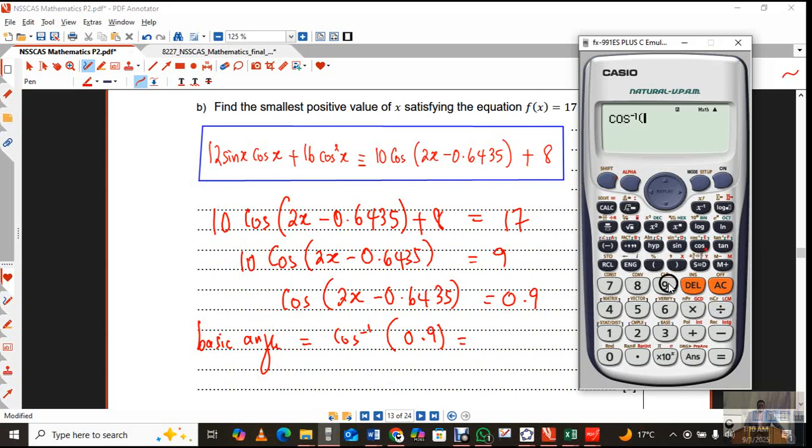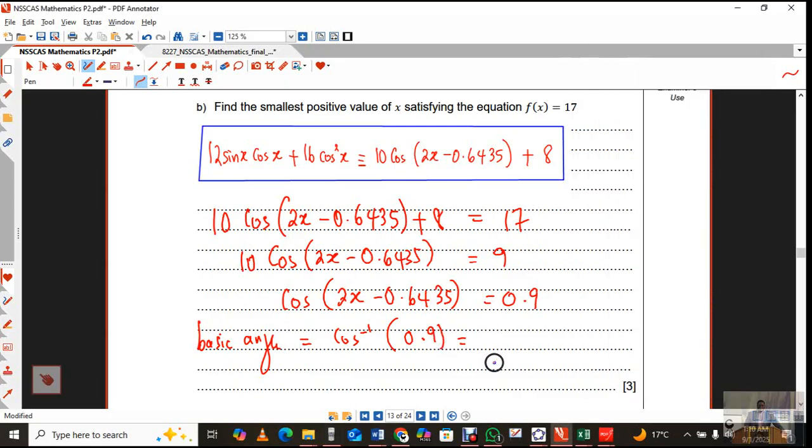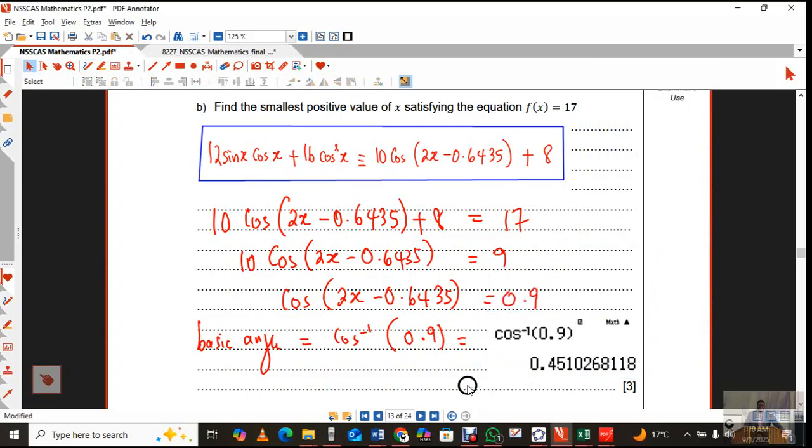The inverse cosine of 0.9 gives me 0.4. Let's just capture that. I'm going to put it here. Okay. Let me also then save and just bring in another page. There's so many pages.